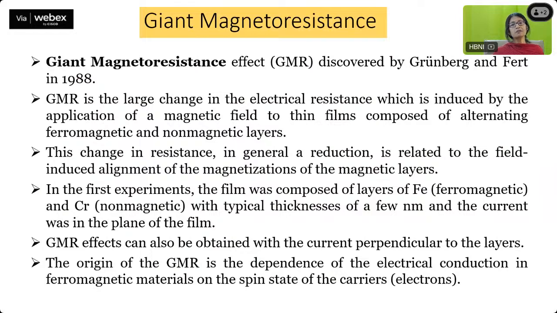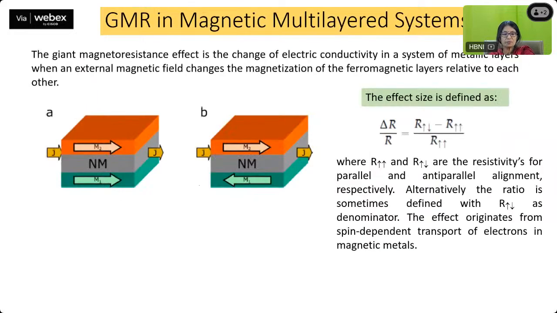So in the previous experiments, the film was composed of layers of iron, which is ferromagnetic, and chromium, which is non-magnetic, with typical thicknesses of a few nanometers, and the current was applied in the plane of the film. Whereas the giant magnetoresistance effect can also be obtained with a current which is perpendicular to the layers. And the origin of this giant magnetoresistance is the dependence of the electrical conduction in ferromagnetic materials on the spin state of the carriers, which is the electrons.